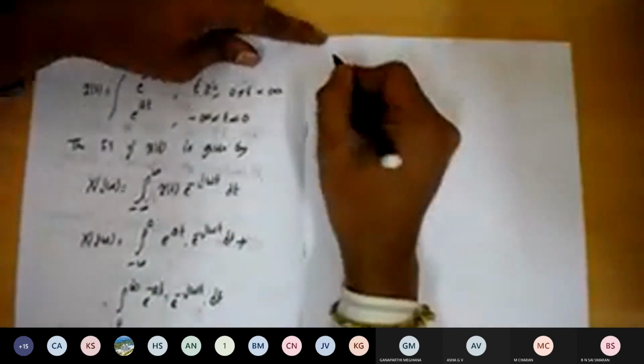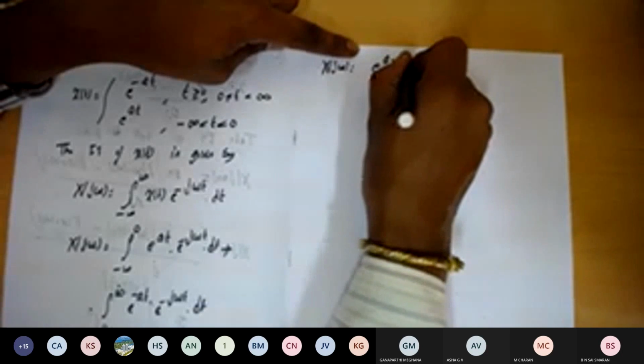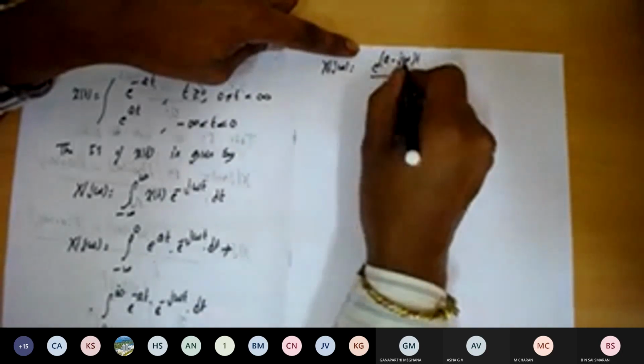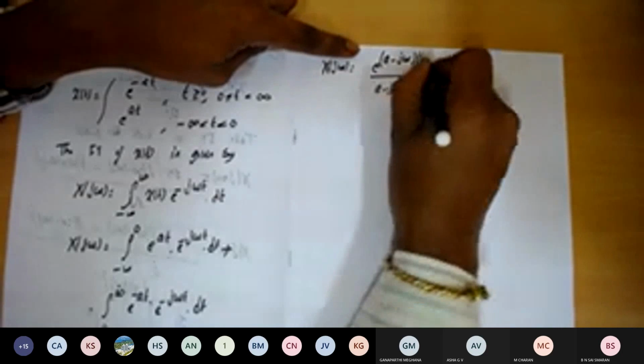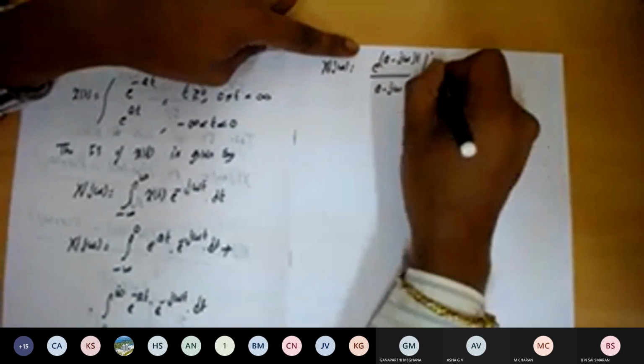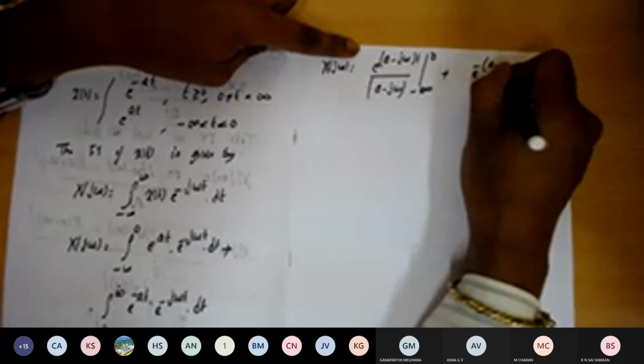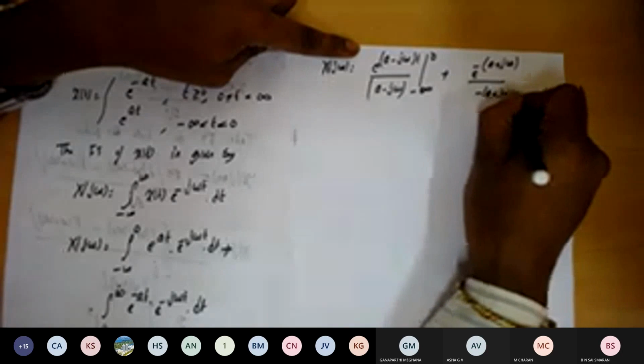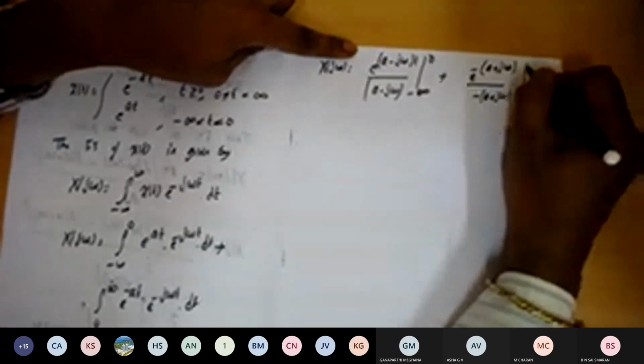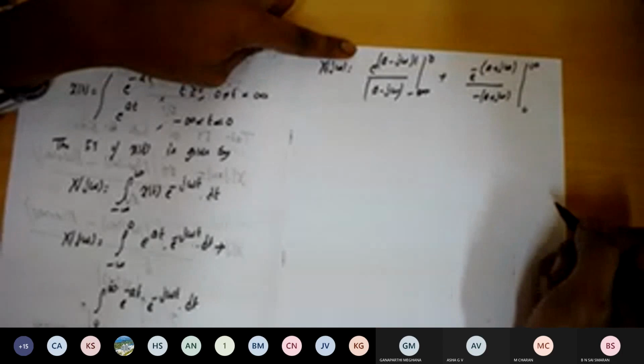So X of j omega is equal to e to the power of (a minus j omega) t, divided by (a minus j omega), with limits from minus infinity to 0, plus the other integral, e to the power of minus (a plus j omega) t, divided by minus (a plus j omega), with the limits of integration from 0 to infinity.